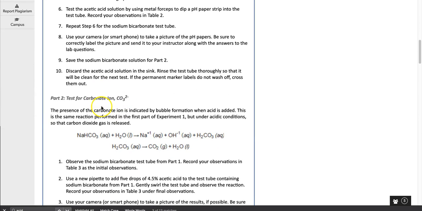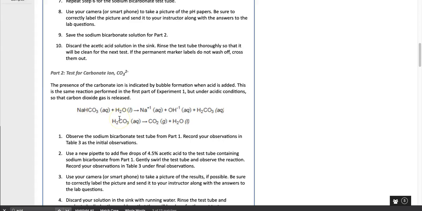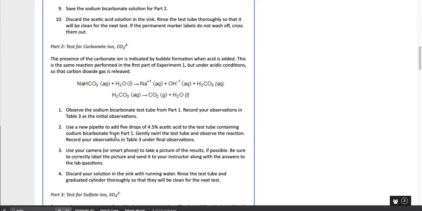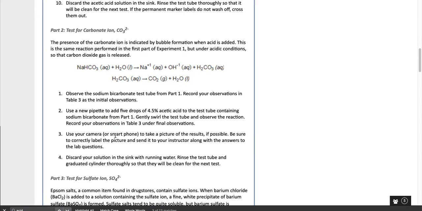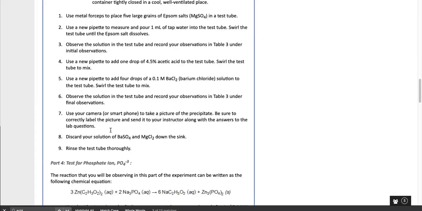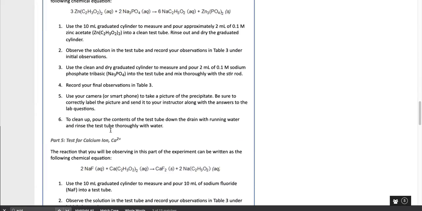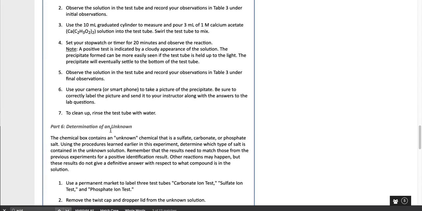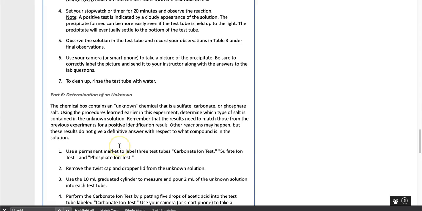And then you're going to test the knowns for carbonate ions being present, and you'll see what it looks like when the particular solutions have these different ions. Then you do the sulfate, then you do the phosphate, then you do calcium, and then you're basically going to do the same thing with an unknown, which is something you don't know what it has in it.